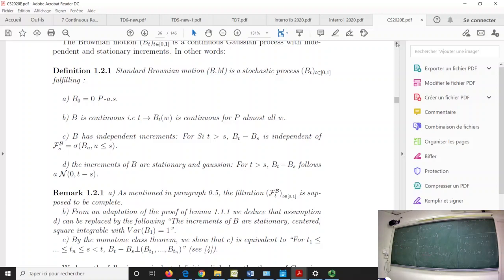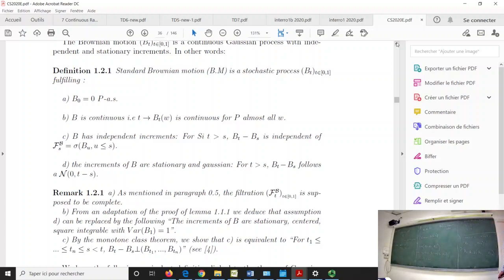Not Bti, it's a number, the variance. Yeah, ti, the smallest instant. And here, the same. Because you have this: ti is smaller than s, which is smaller than t. Okay? So I have done the job.